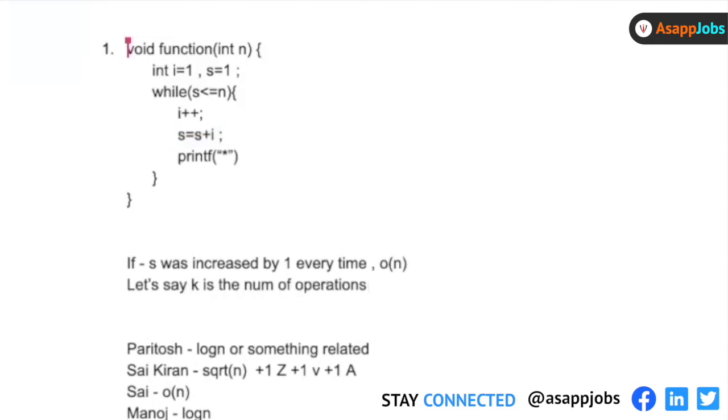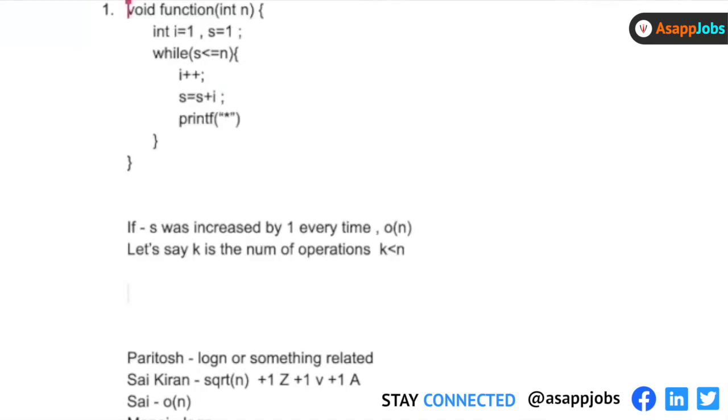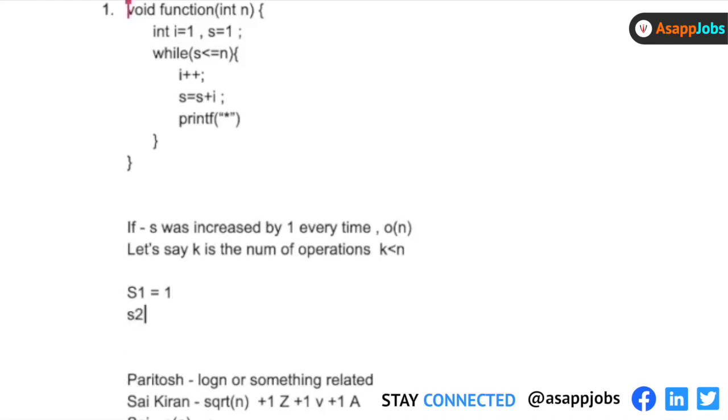Let's say k is the number of operations, and the k value will be less than n, which we already know. Now, if k is the number of operations, this is what will decide my time complexity. So the value of s1 was initially 1. The value of s2 is s1 plus 2.